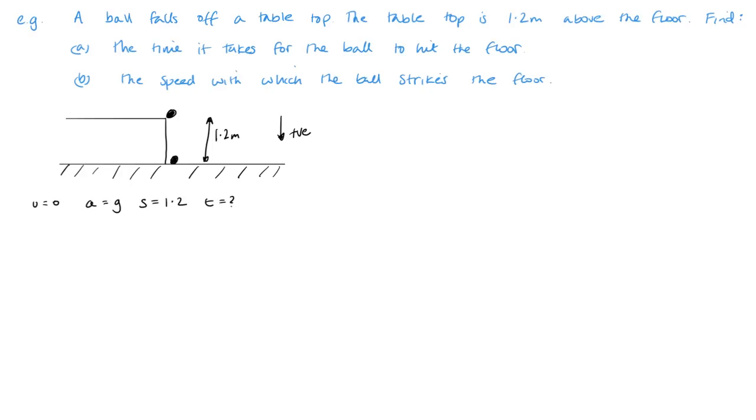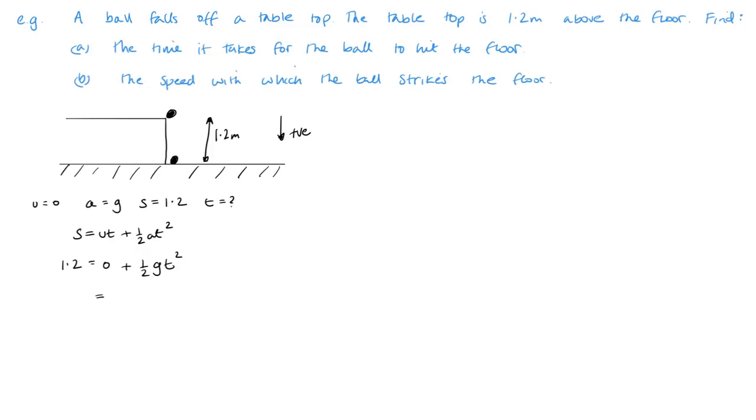So what has s, u, a and t in it? You guessed it, s equals ut plus a half at squared. Substituting in my values, I get 1.2 equals 0 plus a half g t squared.